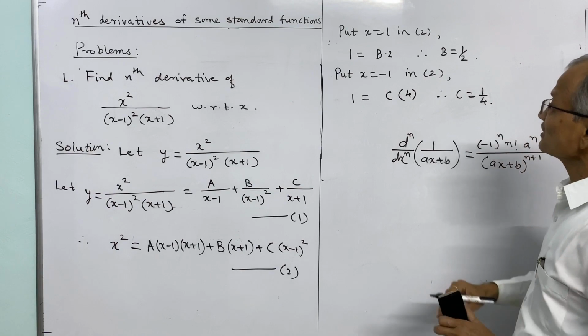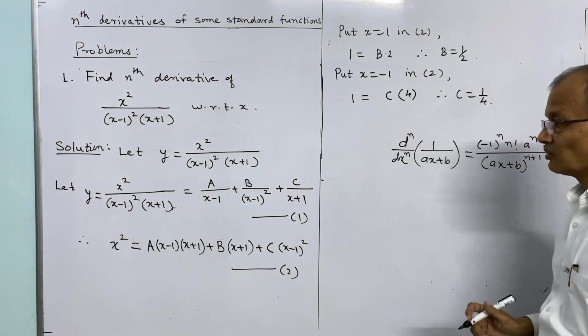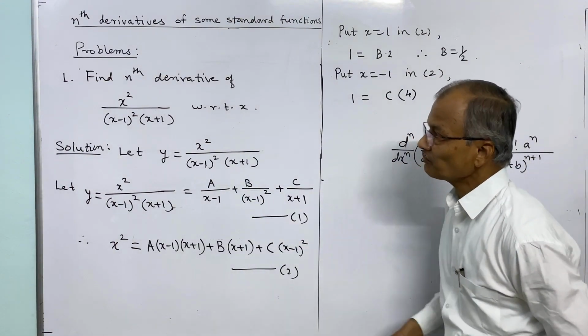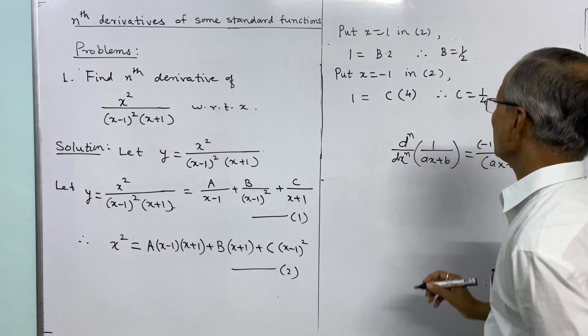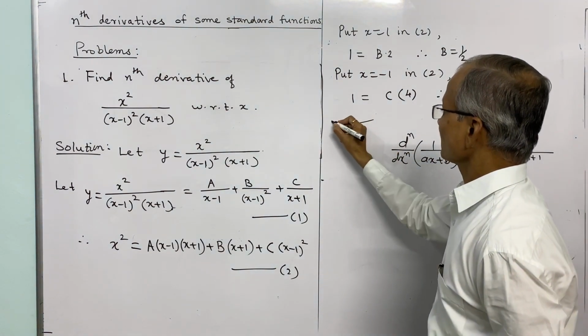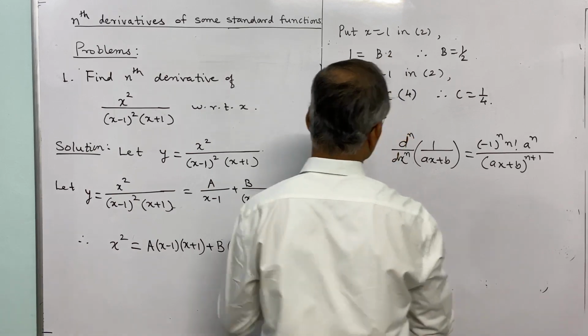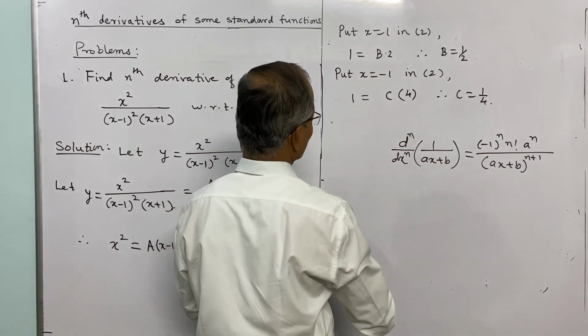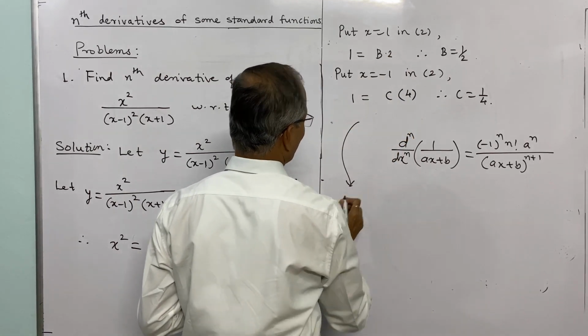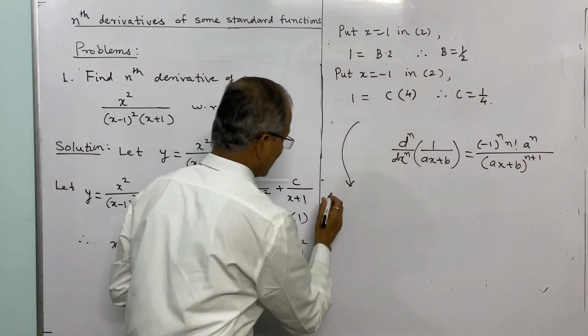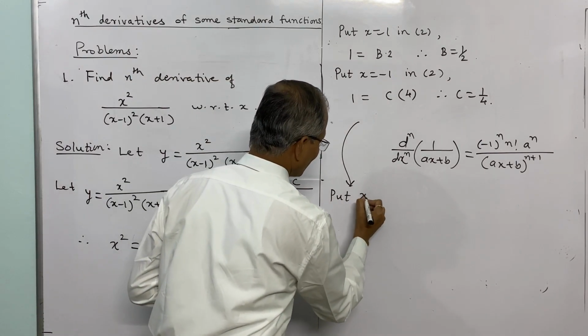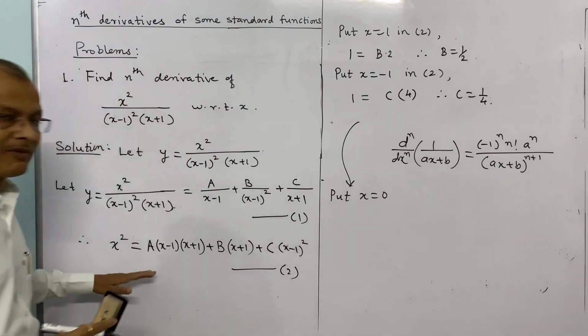Now one more constant is remaining, that is a. And to get the value of a, we can put x as any value. So I shall write now here: put x is equal to, we may put 0. Any value we can use.